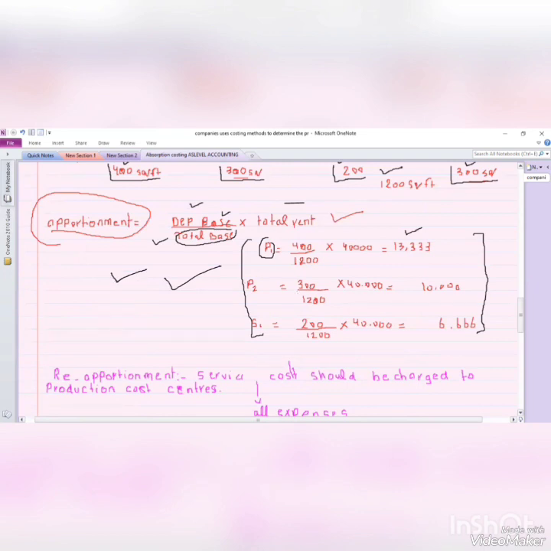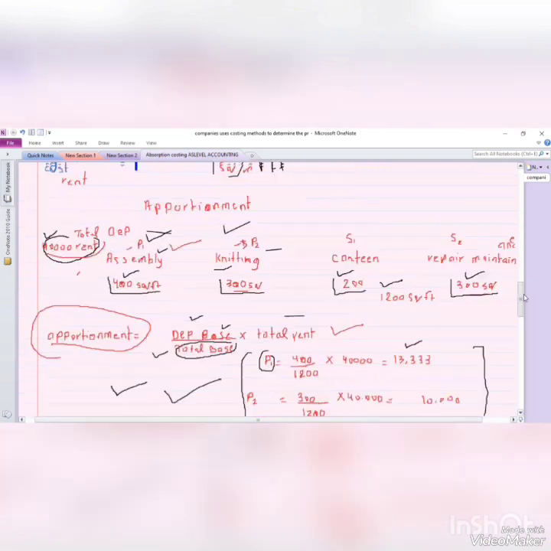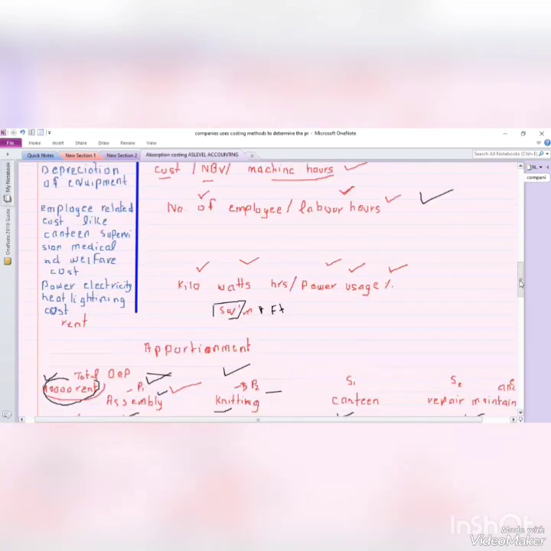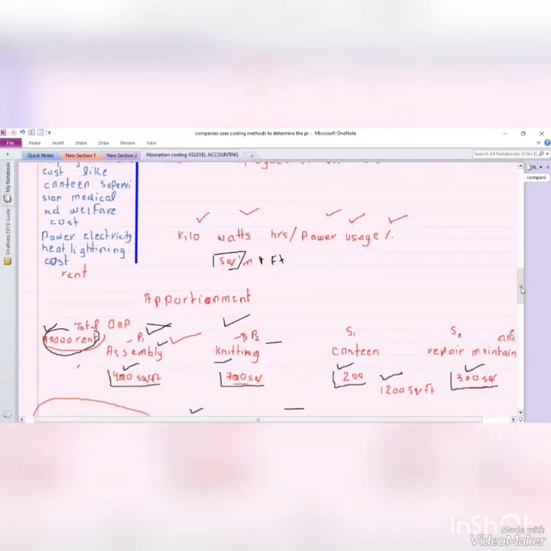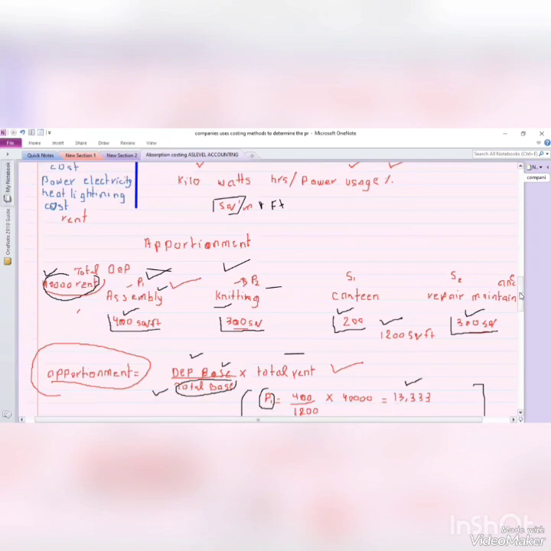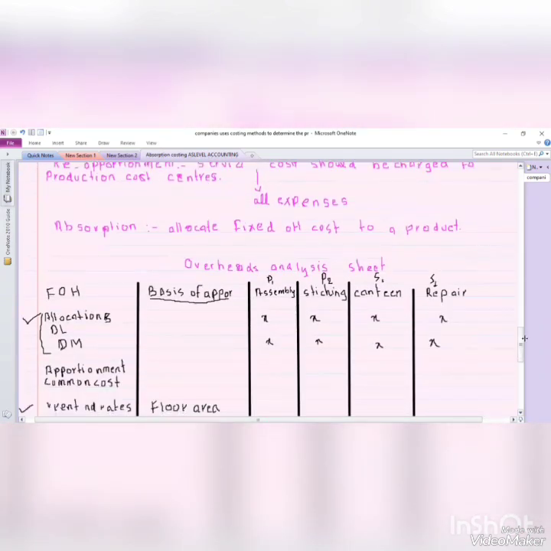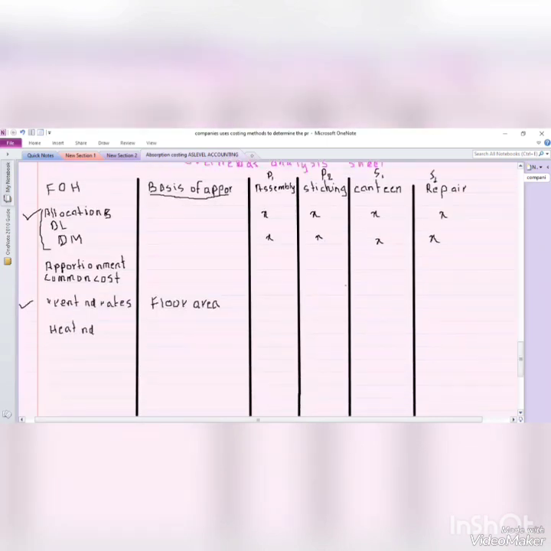One thing we need to remember is the fair basis of different fixed overheads. When you remember these fair bases, things will be so much easier for you, and you can easily do the apportionment step in absorption costing.